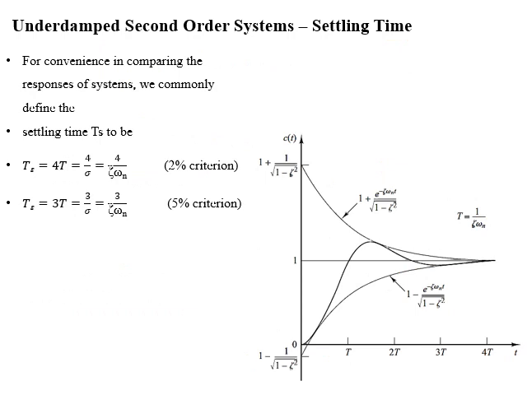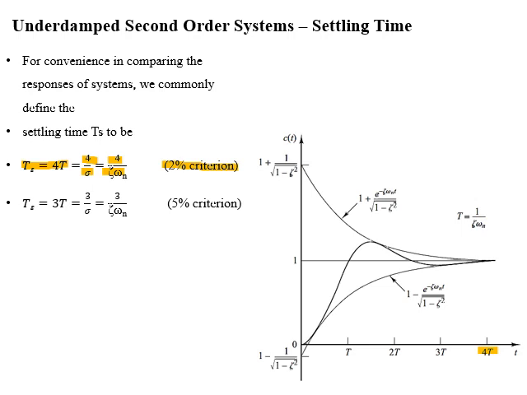Dear students, now if you look at the figure, after the time of 4 time constants, the response of the system stays within the limit of 2% of the final value. So settling time is equal to 4 tau, or 4 over sigma, or 4 over zeta omega n, if we are using the 2% criteria, which means the response of the system remains within the limit of 2% of the final value.